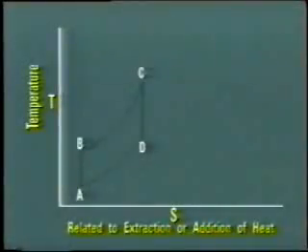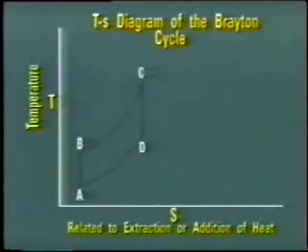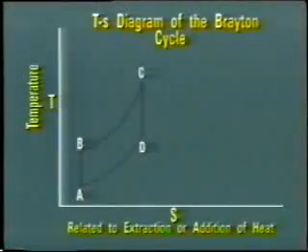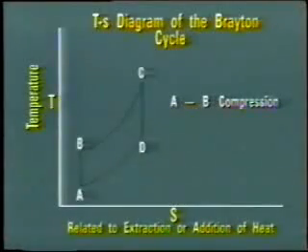You will often see this simple cycle represented on a diagram like this. It's called the Brayton cycle, after one of the inventors. The vertical axis represents temperature, and the horizontal axis is related to the addition or extraction of heat. At point A, air is drawn into the compressor. It is compressed and the temperature rises, although no heat is added from an external source.